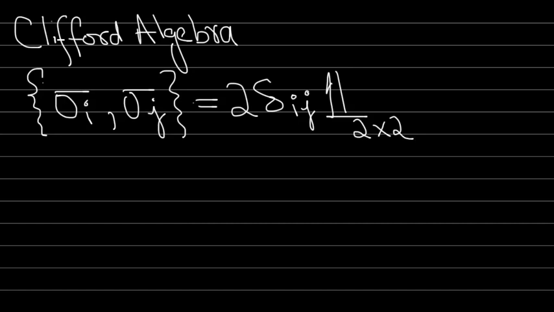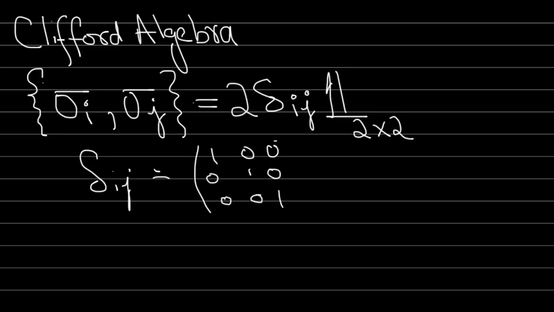And this delta ij, if you recall, is simply 1 0 0, 0 1 0, 0 0 1, right?